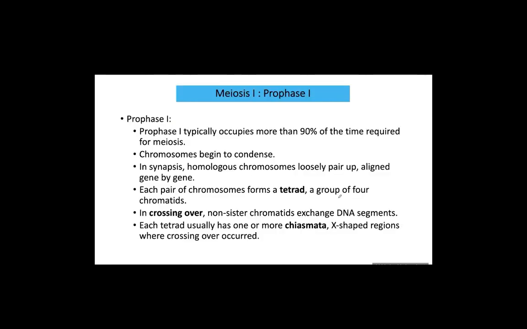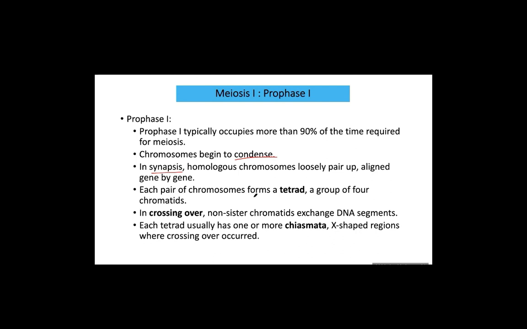So one more time, prophase 1 of meiosis 1. Prophase 1 occupies more than 90% of the time required for meiosis. Chromosomes become condensed. In synapsis, a pair of homologous chromosomes come together and pair up. They align side by side. We call that synapsis.